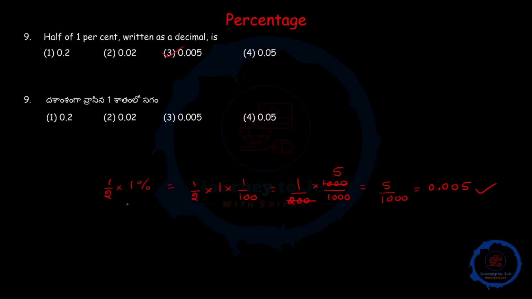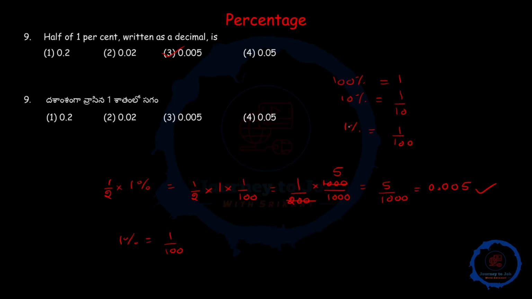But the shortcut method, from the exam point of view, if we solve half of 1%: first of all, 1% is what? In fraction, 1/100. We know 100% is 1, 10% is 1/10. Now 1% is what? 1/100.